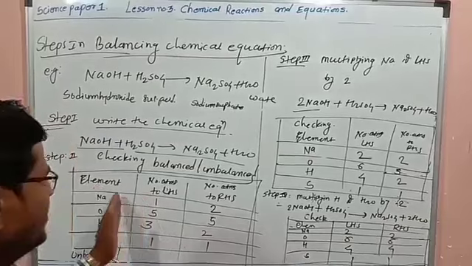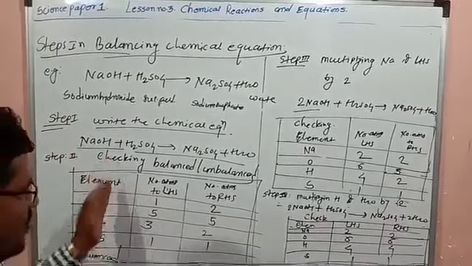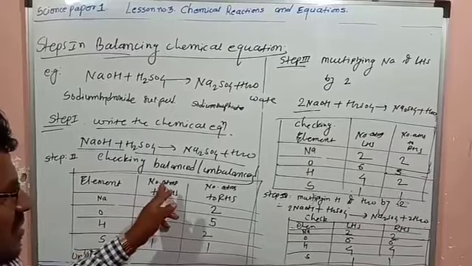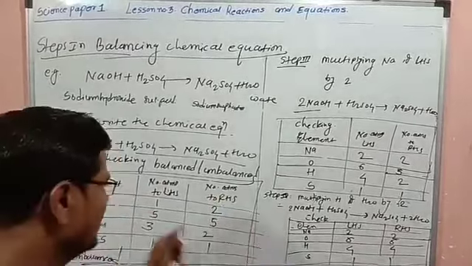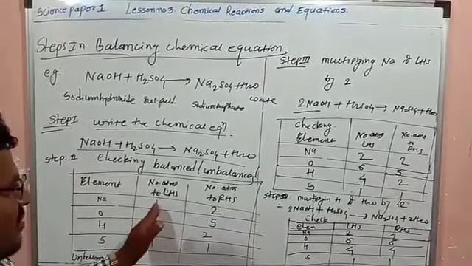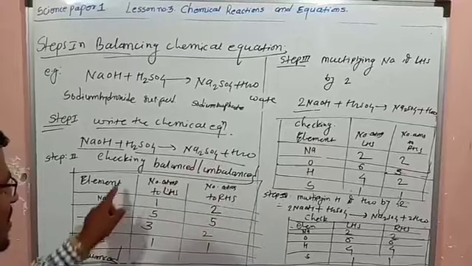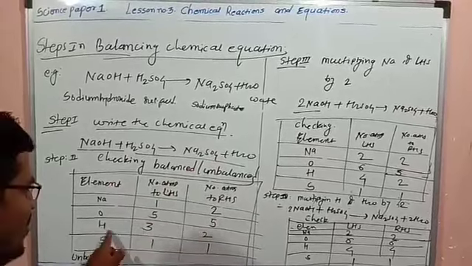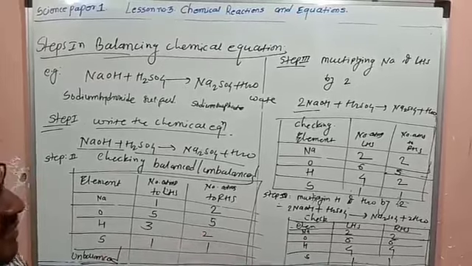For that, you have to make one table: element, number of atoms of that element to the LHS, number of atoms of that element to the RHS. Then sodium, oxygen, hydrogen, sulfur, and their numbers. Sodium 1, this side sodium 2. Oxygen this side 5, that side also 5. Hydrogen 3, hydrogen 2. Sulfur 1, sulfur 1.